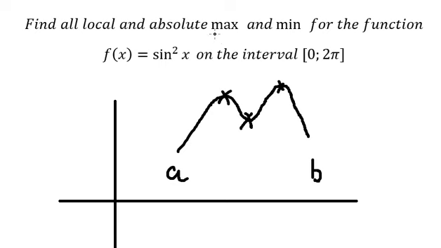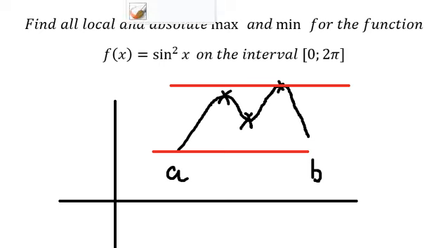The absolute max should be about the highest value in here, and the absolute min is about the lowest value in here. So this is about absolute max and absolute min, and this is the technique for how to answer the question.